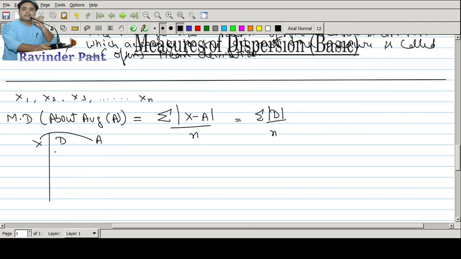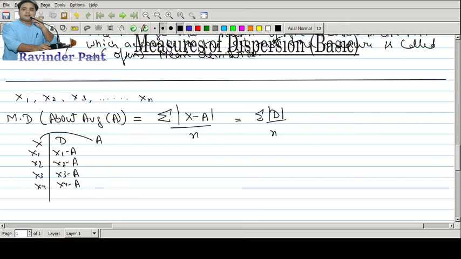How do you calculate? x1 minus a, x2 minus a, x3 minus a, x4 minus a. So what we are trying to do here is calculate the gap, the dispersion, the variation between the average and the actual observation individually.